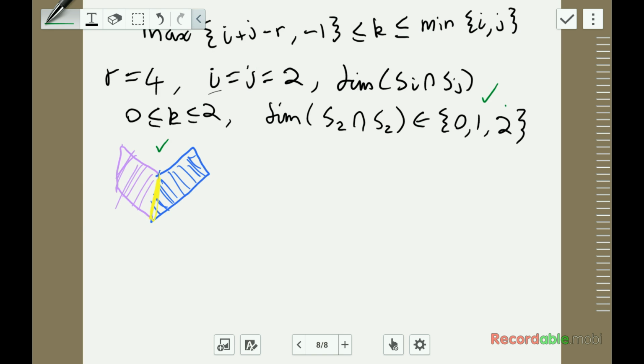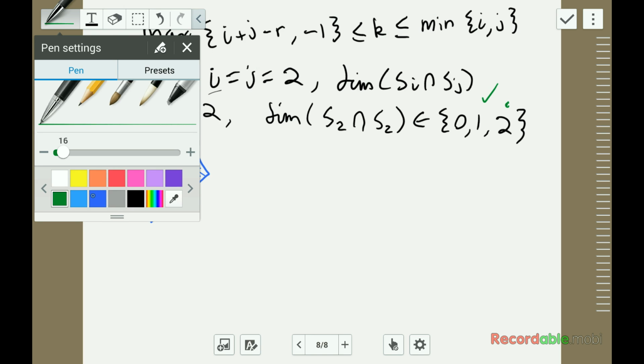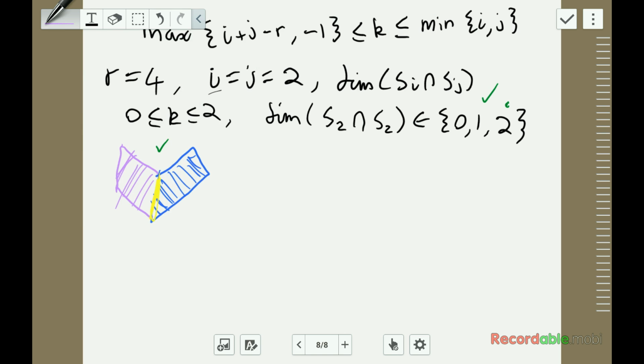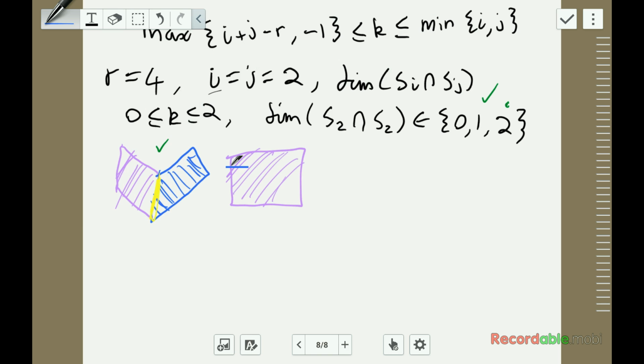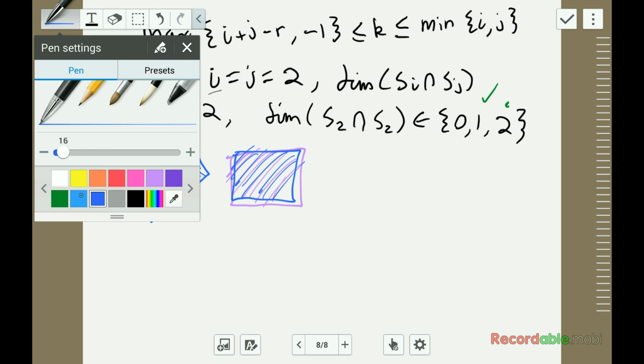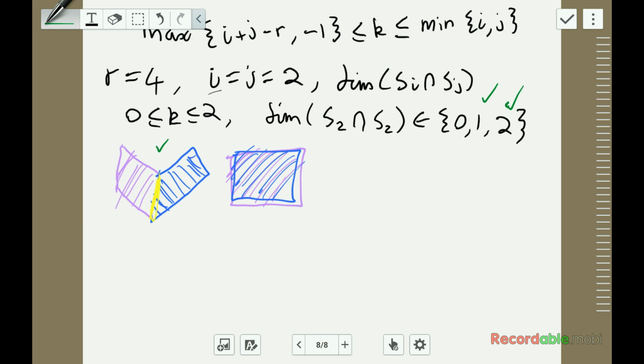What about this case where the subspace has dimension 2? Well, that's fairly easy to achieve. We can just have the 2D plane being identical to the other 2D plane.